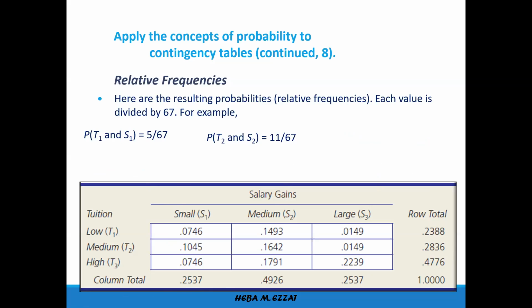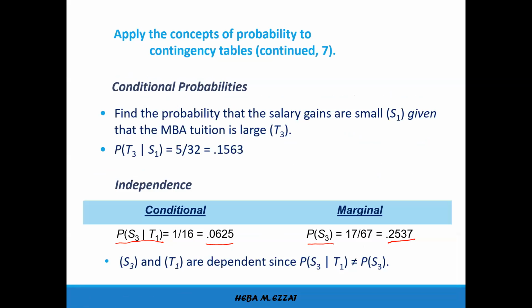The only difference is if you are seeking to find the conditional or the given probability. In this case you don't divide by the grand total, you divide by the total. For example, here the probability of T3 given S1, in this case you would divide by the total of this S1.